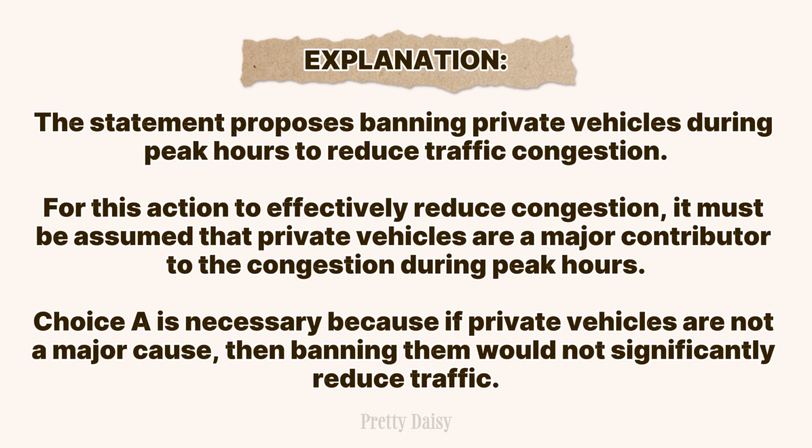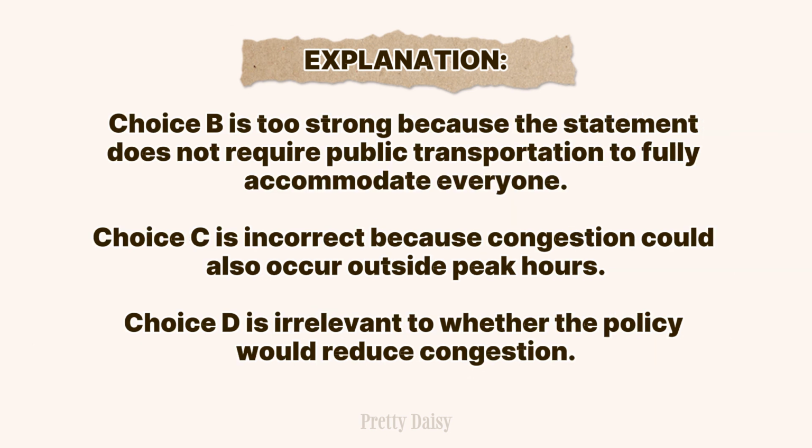Choice A is necessary because if private vehicles are not a major cause, then banning them would not significantly reduce traffic. Choice B is too strong because the statement does not require public transportation to fully accommodate everyone. Choice C is incorrect because congestion could also occur outside peak hours. Choice D is irrelevant to whether the policy would reduce congestion.